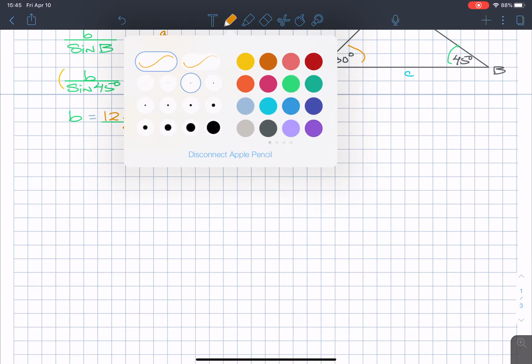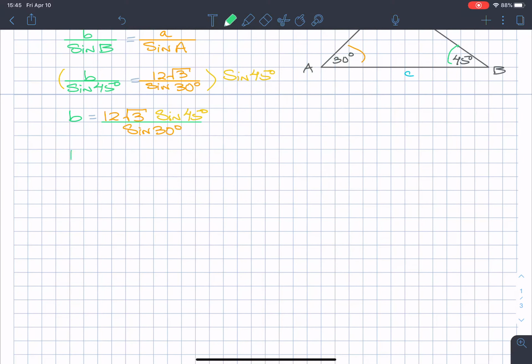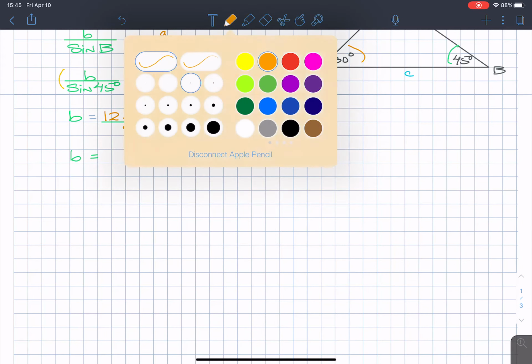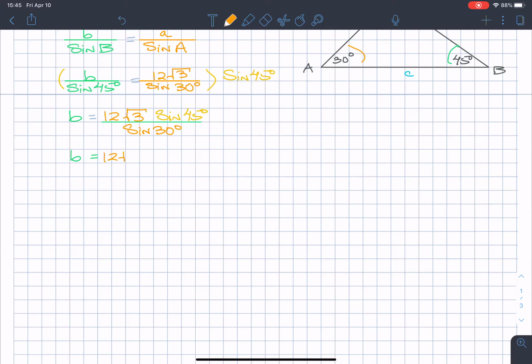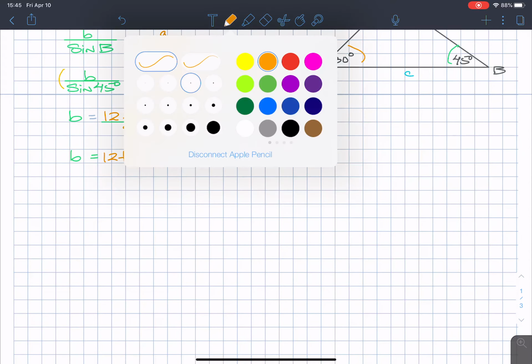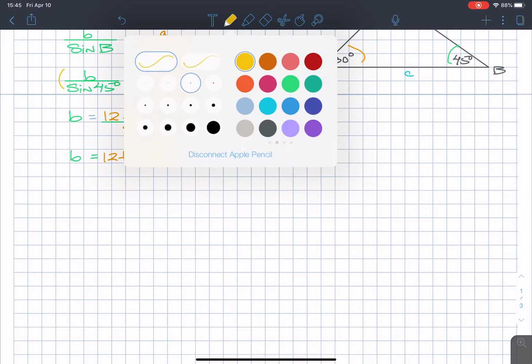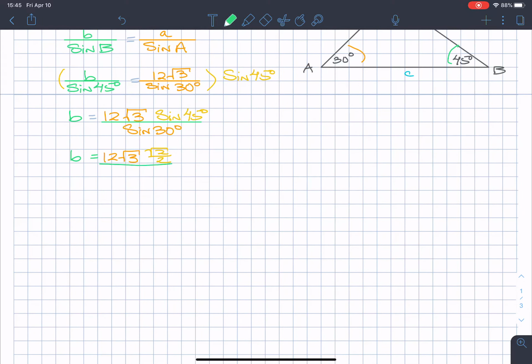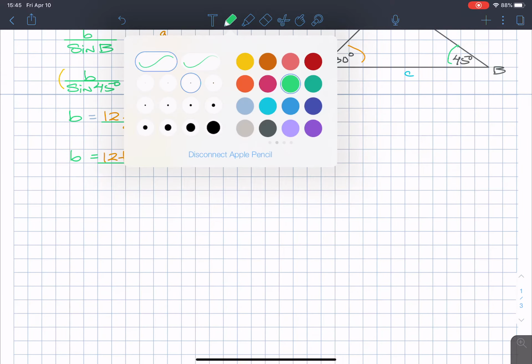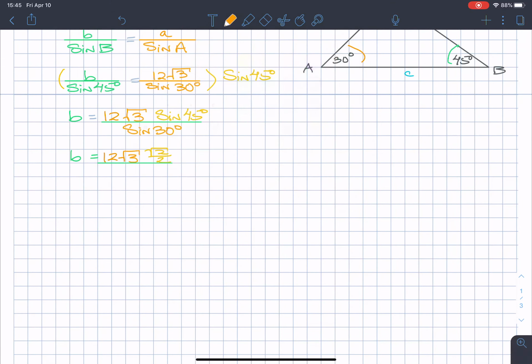Okay, luckily those are all on my unit circle, so I can do that fairly easily. So this becomes 12 root 3. Sine of 45 degrees, of course, is the square root of 2 over 2. And that's all divided by sine of 30 degrees, which is 1/2.